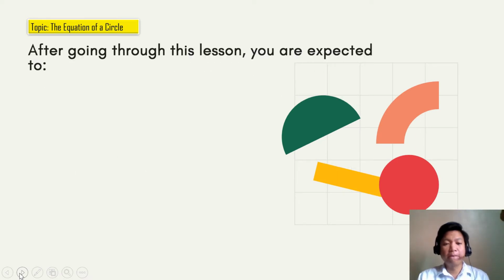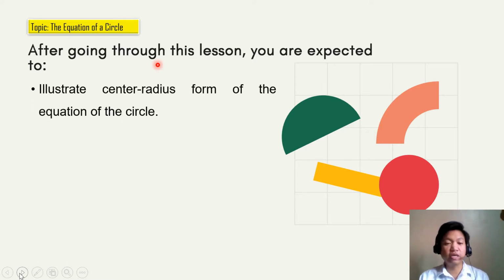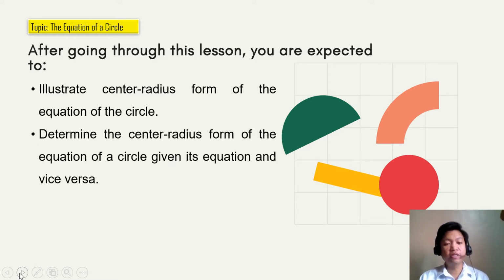Okay, so for our learning objectives, after going through this lesson, you're expected to, first, illustrate the center radius form of the equation of the circle, and to determine the center radius form of the equation of a circle given its equation and vice versa.